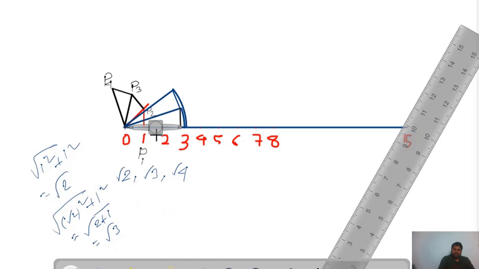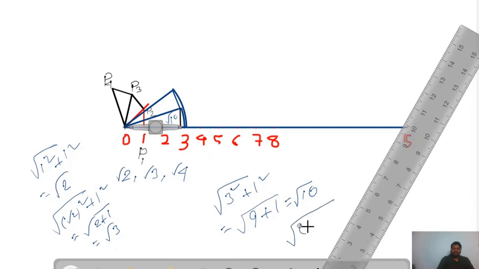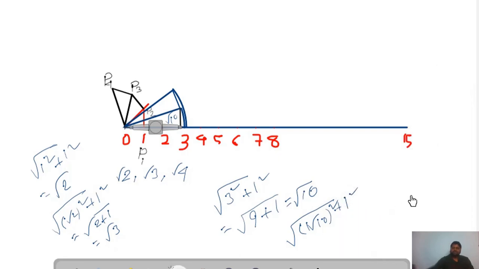When we draw the arc at this perpendicular portion, we get root over of 3 square plus 1 square, that means root over of 9 plus 1, that means root 10. When we take root 10 square plus 1 square, that means root over of 10 plus 1, that means root 11.